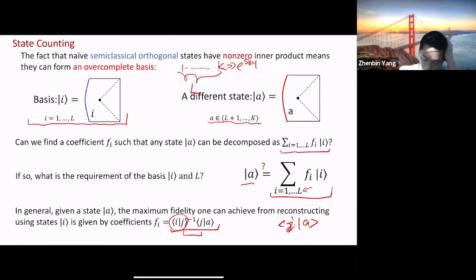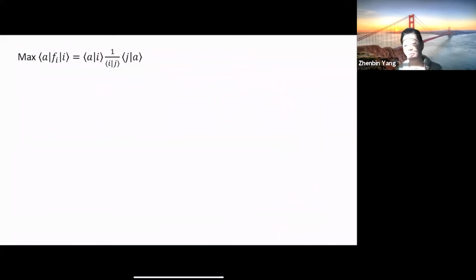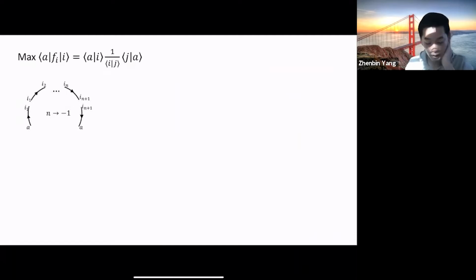So that is the coefficient that maximizes the inner product between state A and this reconstructed state. But still, we don't know what the value is. We can only say that we succeed in reconstructing the state A if this inner product equals 1. That is, the reconstruction fidelity equals 1. So how do we calculate that?